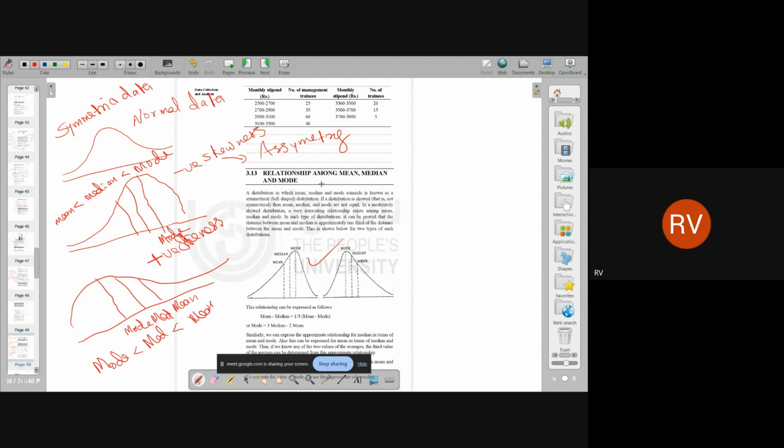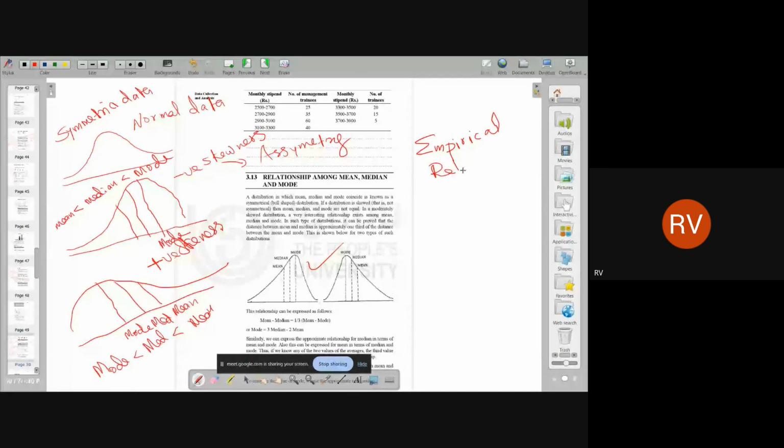The relationship among mean, median, and mode is called the empirical relation. From an examination point of view, there is also another question: find the empirical relation of mean, median, and mode. The mode can be found using the mean and median: mode is equal to 3 median minus 2 mean.